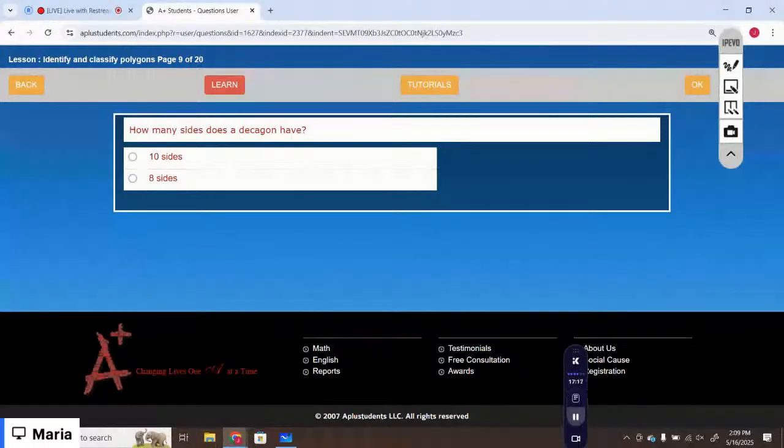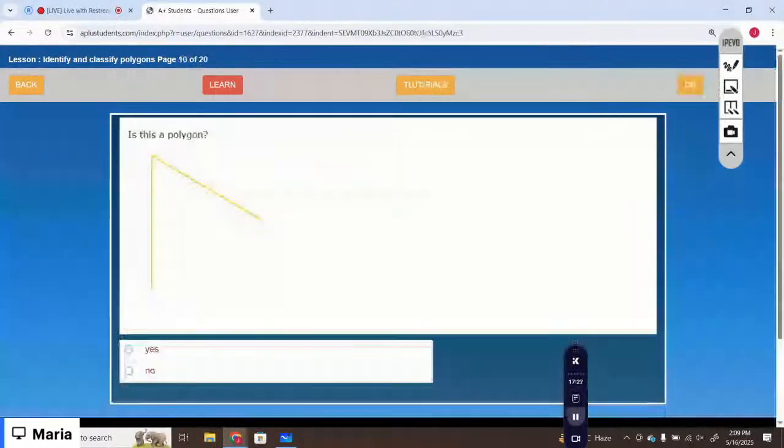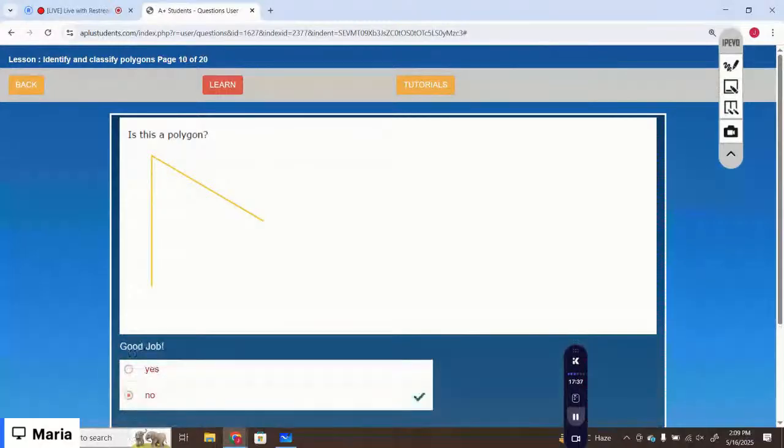How many sides does a decagon have? So decagon has 10 sides. Option number 1 is the correct option. The correct option is 10 sides. Is this a polygon? That isn't the correct option. That is not a polygon.